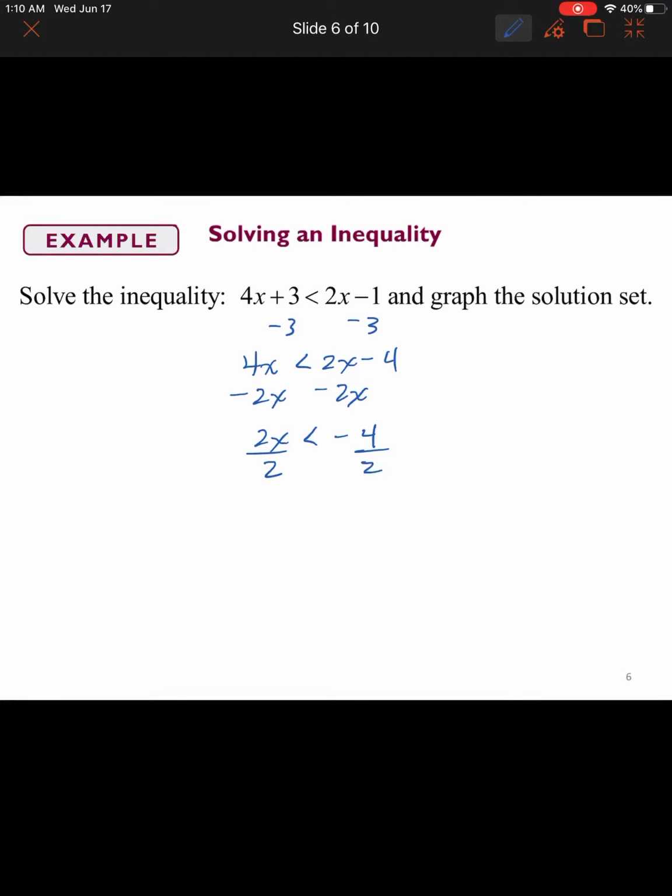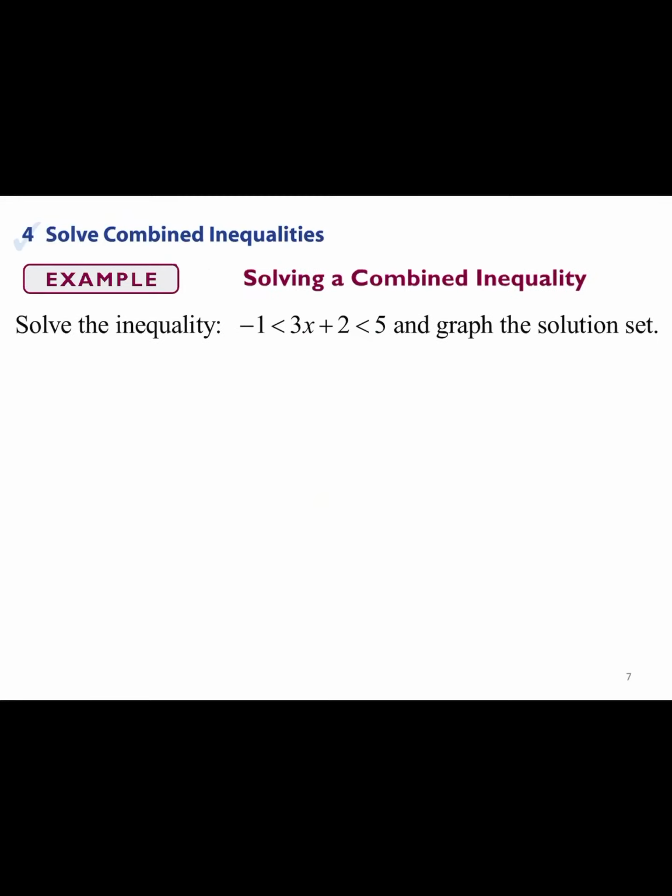And now to undo the multiplication, to get the variable completely alone, we have x is less than -2. I hope you did not flip that symbol, because we did not divide by a negative number. The only time you flip that symbol is when you divide or multiply across an inequality by a negative number.